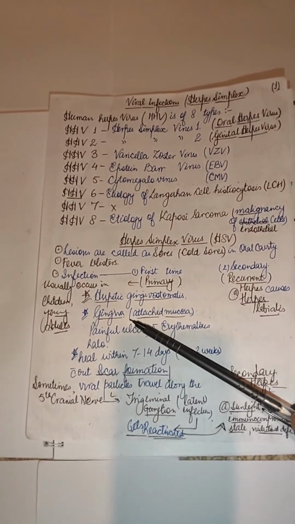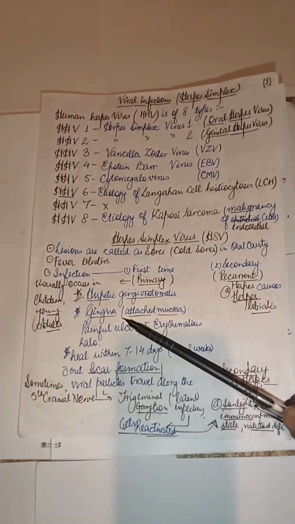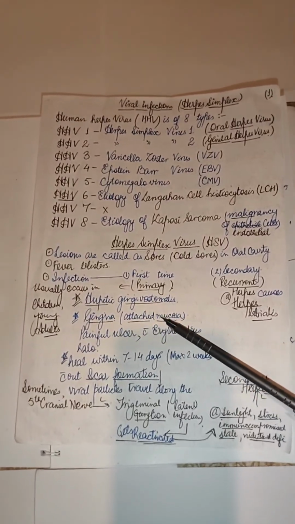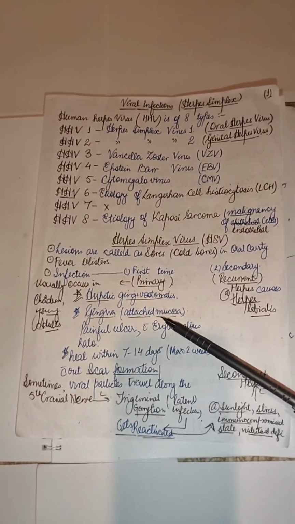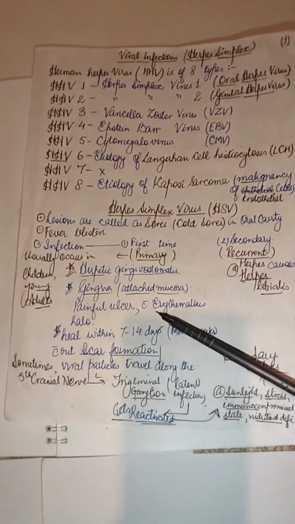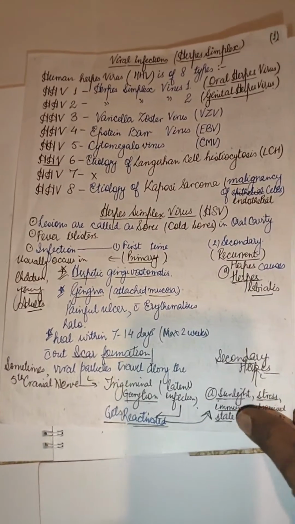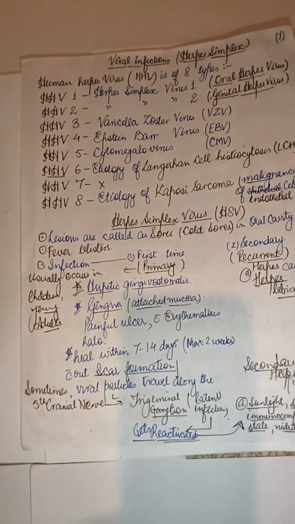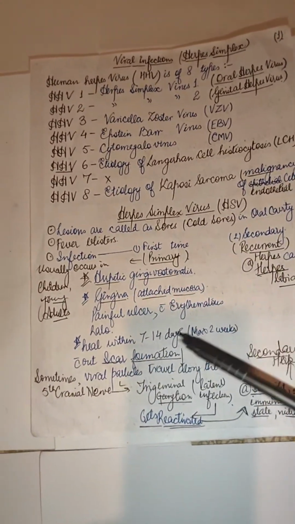The sites involved are the gingiva, and basically the attached mucosa. The first-time infection leads to the formation of a painful ulcer with an erythematous halo.